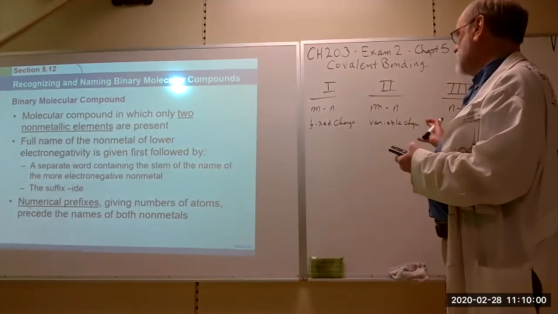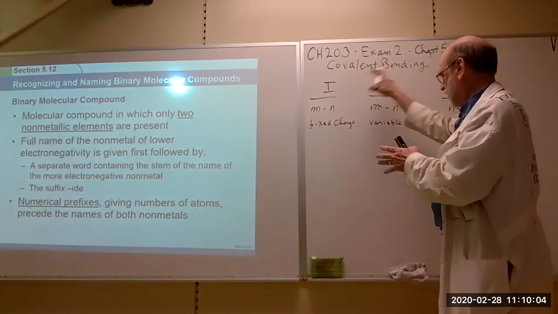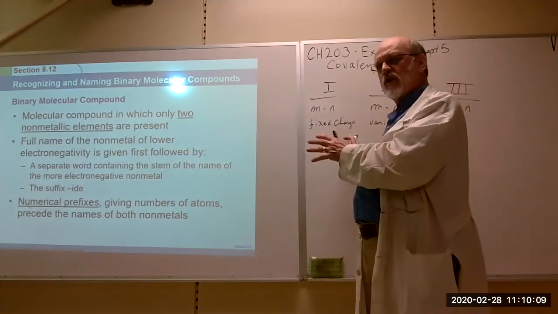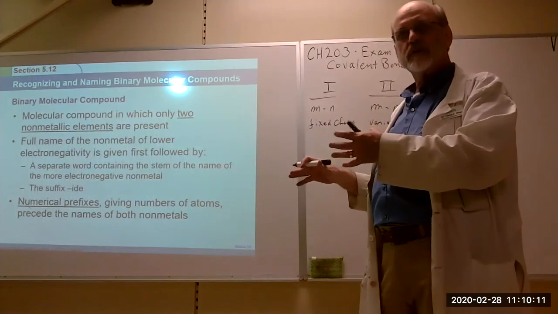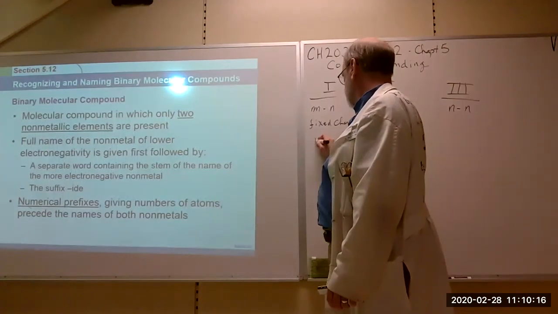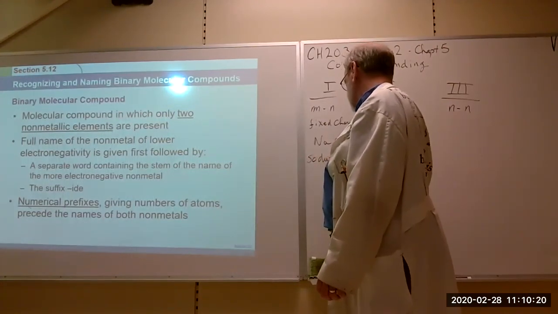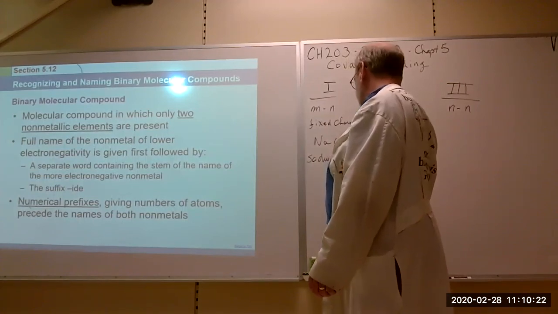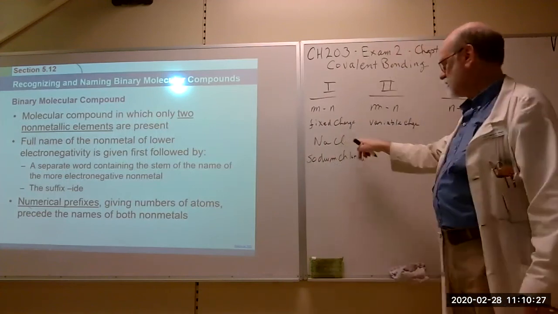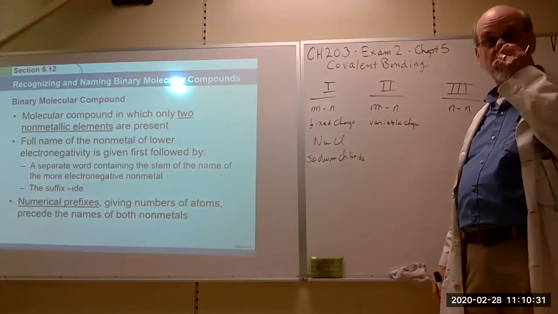So, now that you've got that picture, if a metal happens to be fixed charge, then all you have to do is put the name of the metal, for instance, this one, just name the metal, and then change the second one, the anion, to an -ide: sodium chloride.